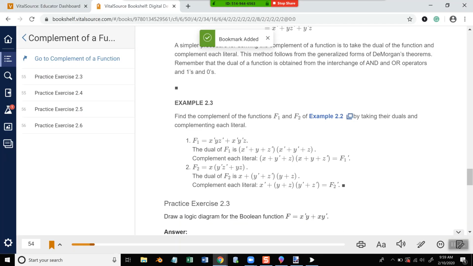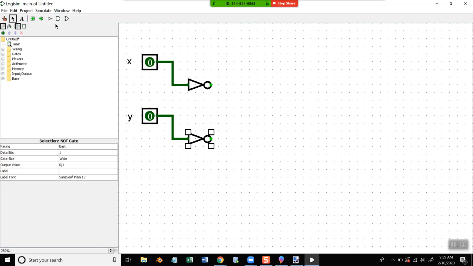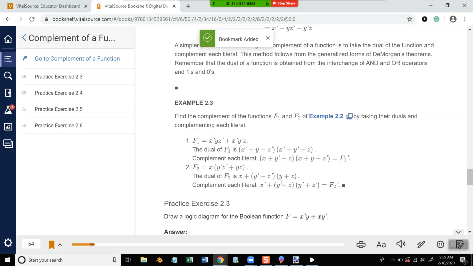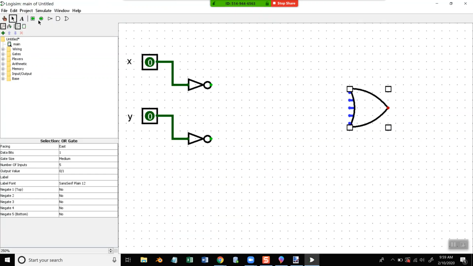Now the big thing here at the end is there's a plus here. So we need an OR gate. It's gonna be here at the end. In the meantime, I'm going to have an AND gate right here. So my AND gates, I'm going to have one right here, and I'll have one down here.